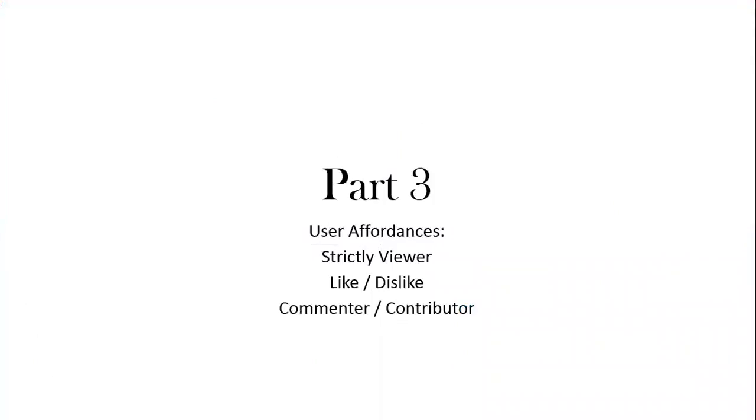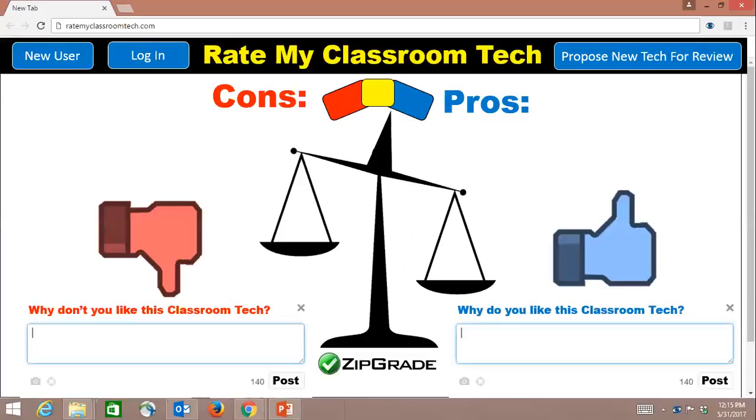The second, being the like-dislike, is the user who can view this website and click on either the blue thumbs up or the red thumbs down, and thus give feedback, very basic feedback about their experience with this technology. They can add to the scaled weighting of this technology.